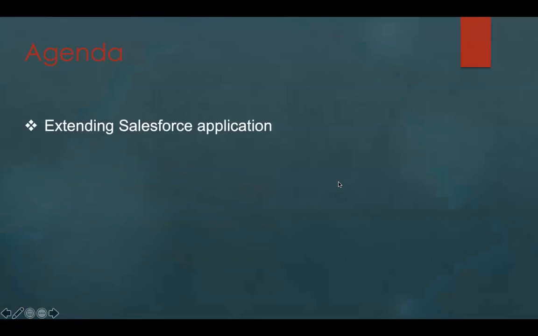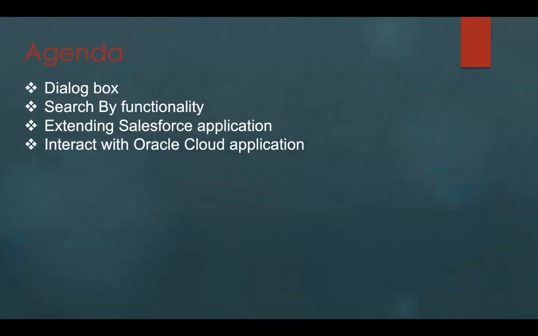Today's agenda is we are going to work with VBCS again, and we will look at other functionality: how to use dialog boxes, search by functionality. If you have a table and you want to search data from a table, how to search those data, how to extend the Salesforce application, how to interact with Oracle Cloud application, meaning extending the non-Oracle and Oracle application, a very important use case here.